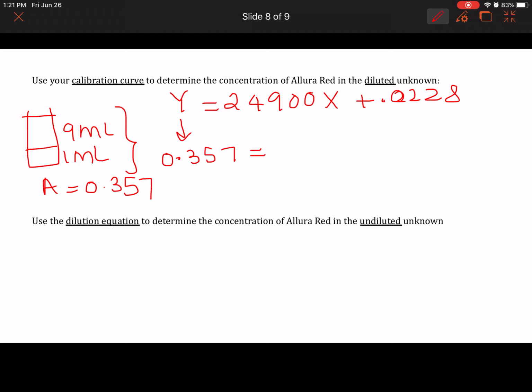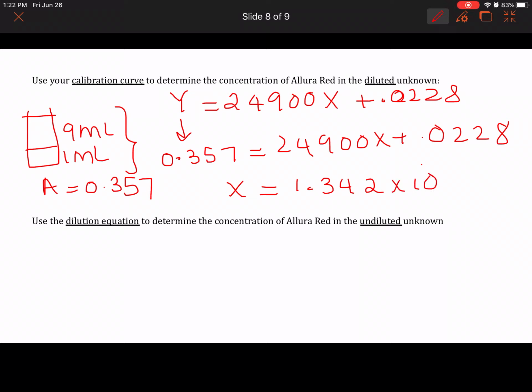And then you solve for X. 24,900x plus 0.0228, and you will get a number for X when you do the calculation, something like this, into 10 to the negative 5 molar. Now this is the concentration of the diluted unknown or the Gatorade, and we can consider this as our M2 value when we are trying to use the dilution equation.